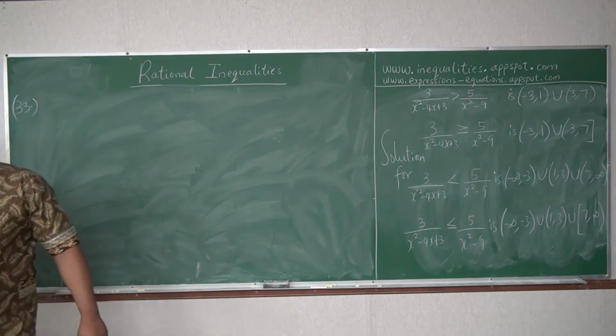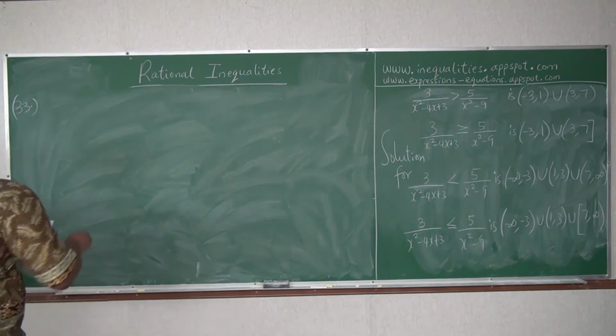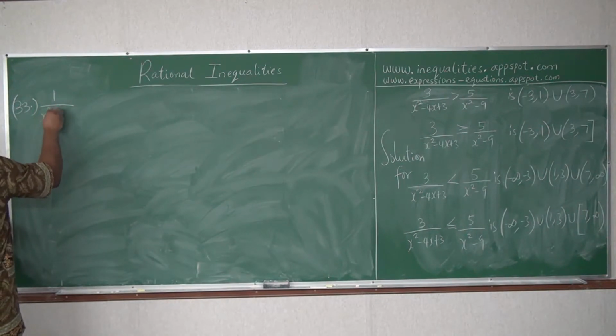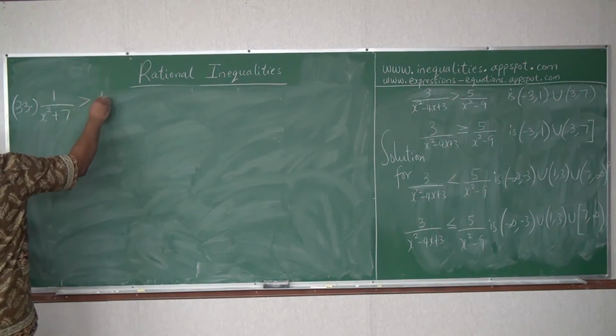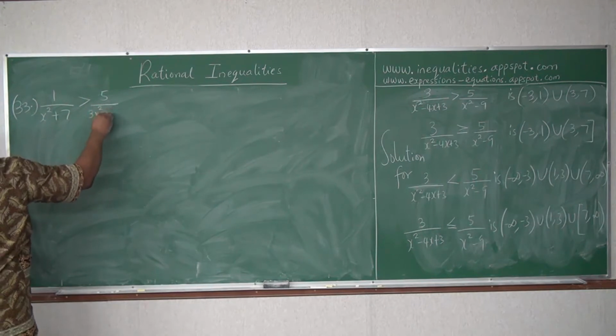Okay, we'll solve some more problems and we can call it a night. We have here 1 over x squared plus 7 greater than 5 over 3x squared plus 35.